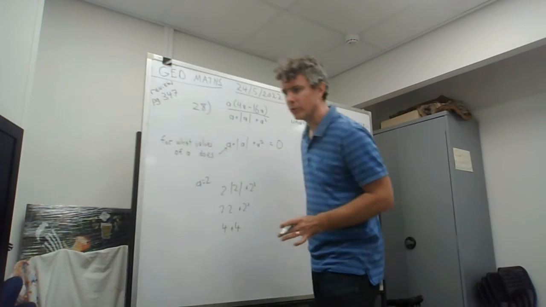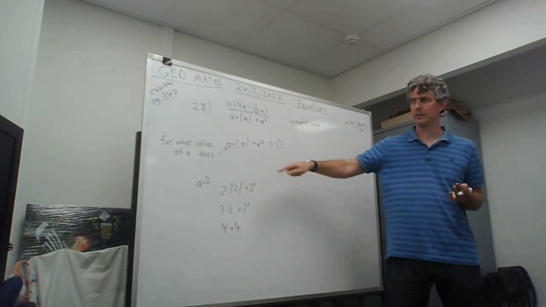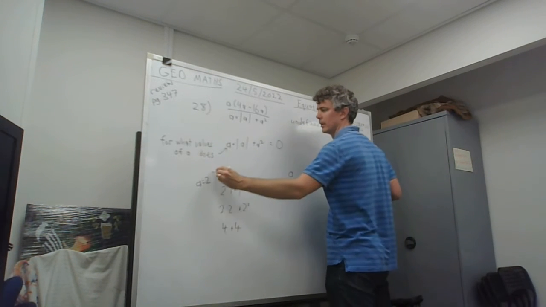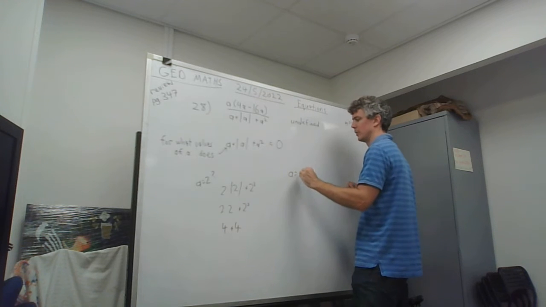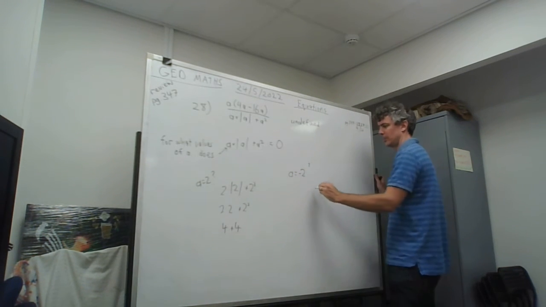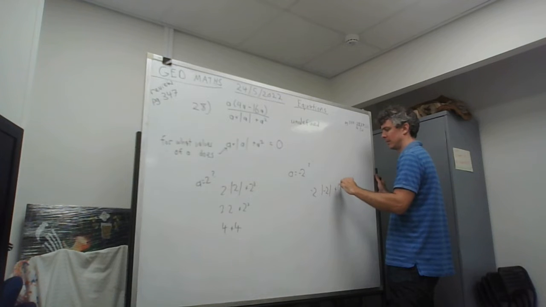So that's fine. What if we try a negative number? Let's say A equals negative 2. Does that work? We get negative 2 times absolute value of negative 2 plus negative 2 squared.